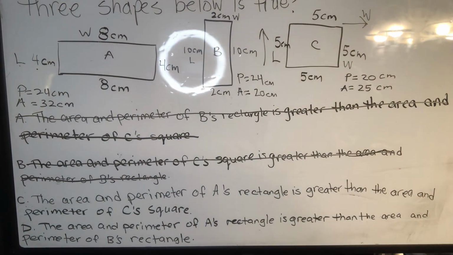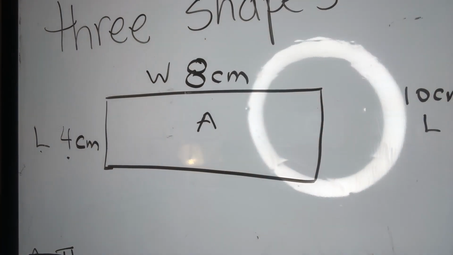All right, so like we said, choice B is incorrect. So we're going to move on to choice C. The area and perimeter of A's rectangle is greater than the area and perimeter of C's square. So before we go to answer the question, I wanted to go over something that can be and has been maybe an issue for some people.